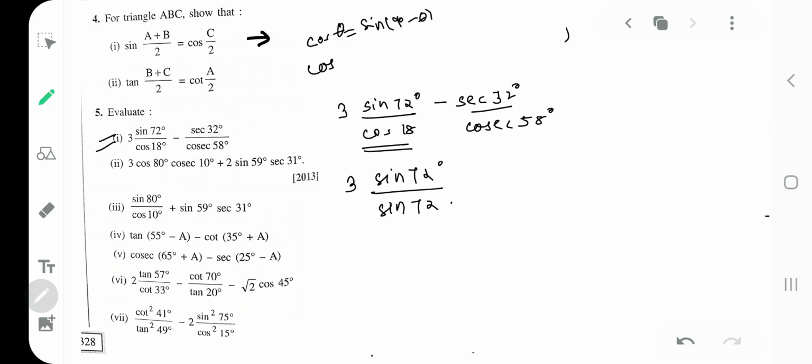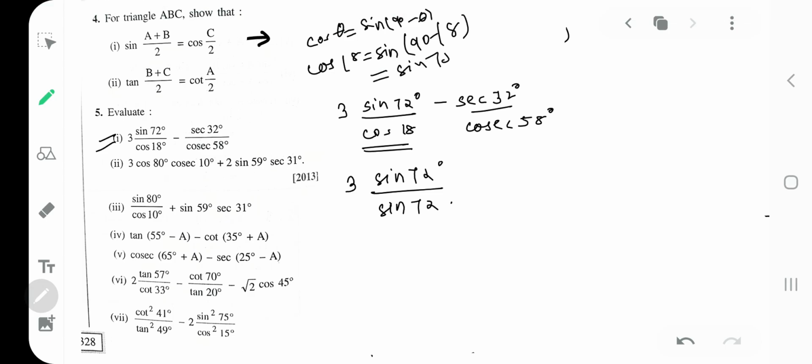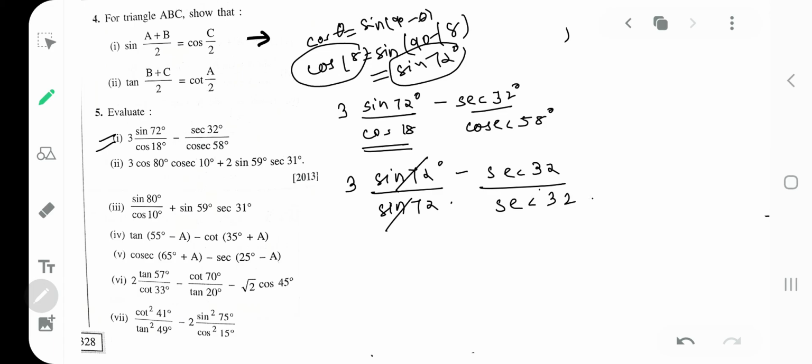That means cos 18 will be equal to sine 90 minus 18, that is sine 72. For sec 32, I'll keep it as it is. For cosec 58, I'll write sec 32. My dear kids, you can cut off this and this. So you will get 3 into 1, there's no bracket here, so 3 minus 1, and the answer will be 2.